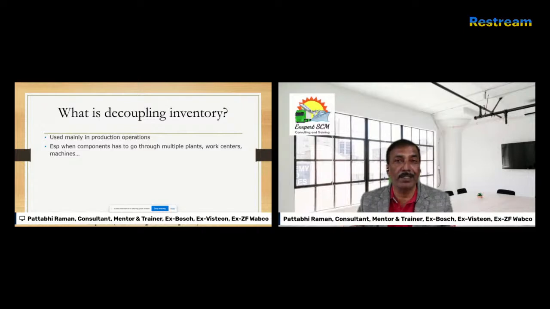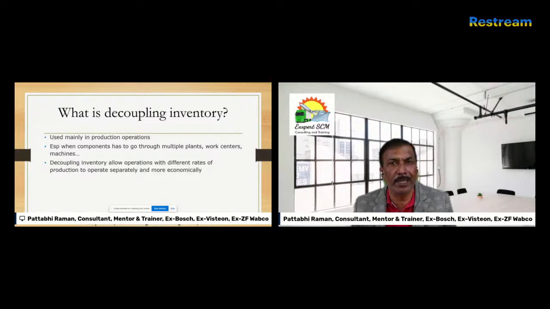There could be many reasons, because when one component is going to the next operation, maybe the next operation is waiting for this component, or it is already overloaded. Especially in manufacturing, you have a huge investment made in machinery and equipment, so it is not allowed to lie idle. So this decoupling inventory allows operations with different rates of production to operate separately and more economically.